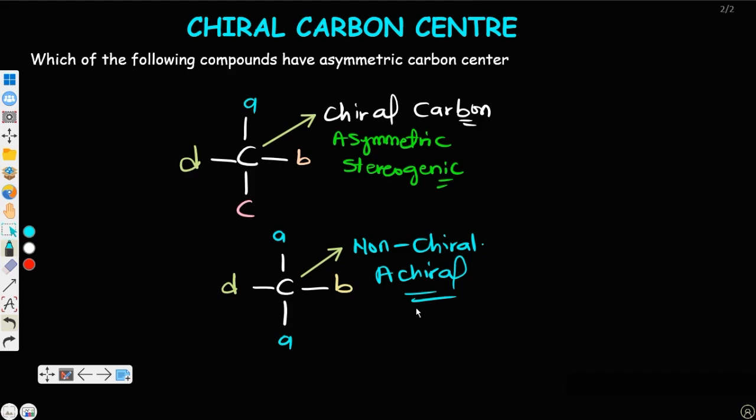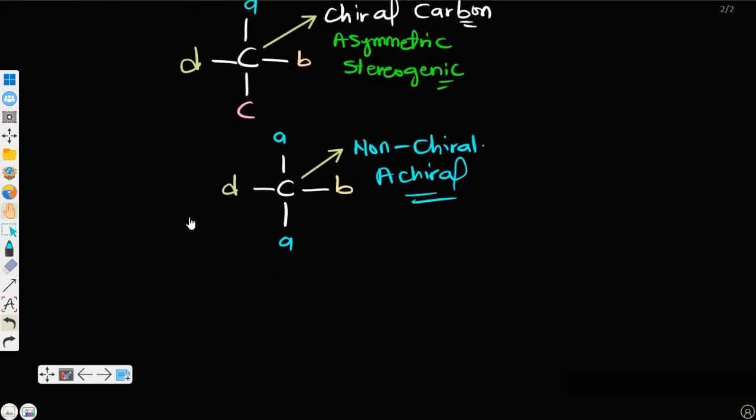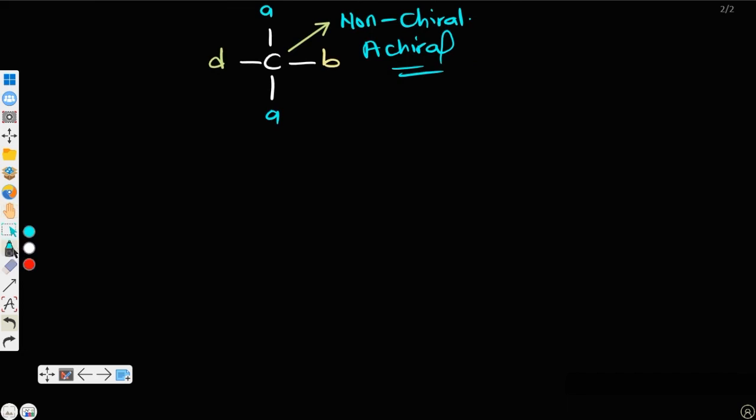Now I'm going to give structures of various compounds, and then we are going to predict if they are chiral or achiral. So we have CH3, CH2, CH, Cl, and CH3. How many chiral carbon centers do you have here? Do you have any?